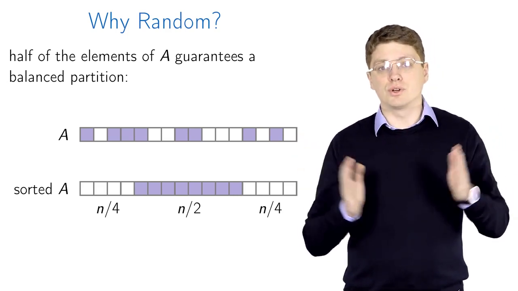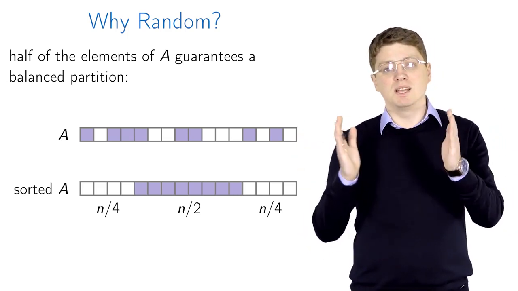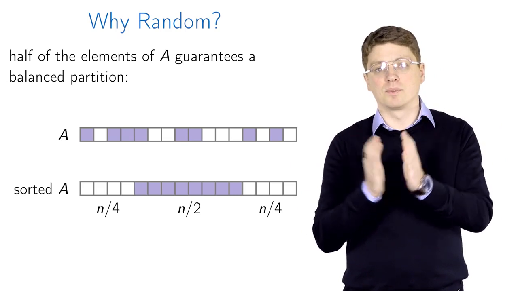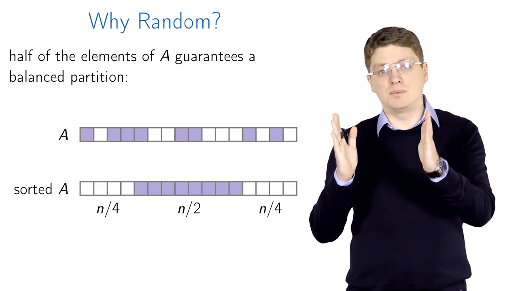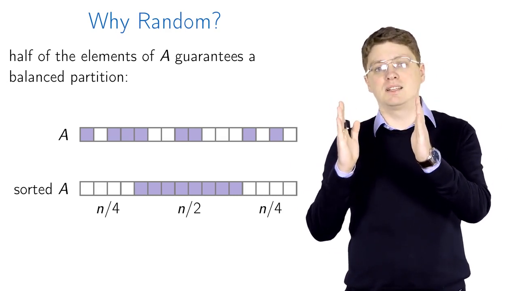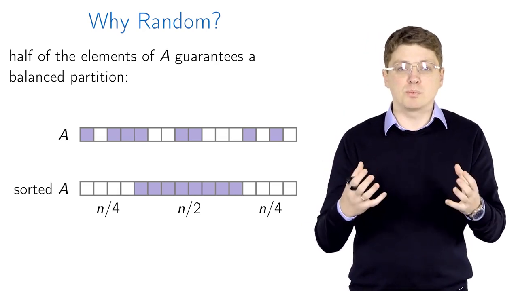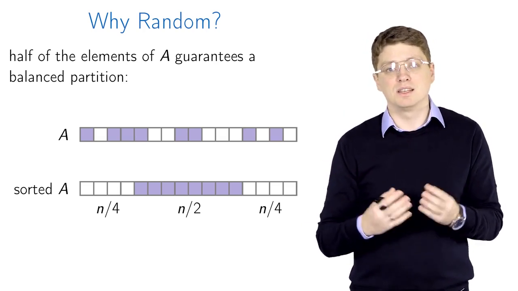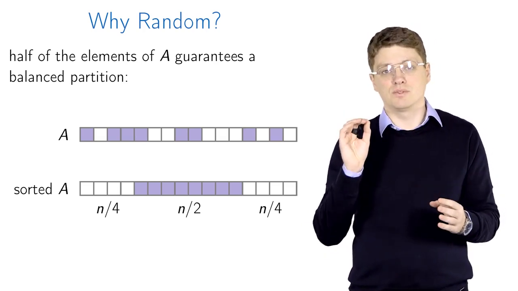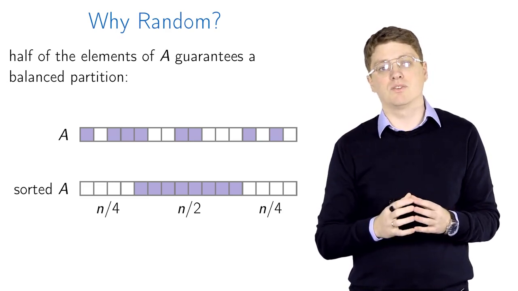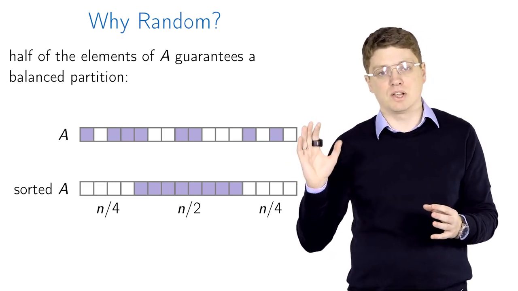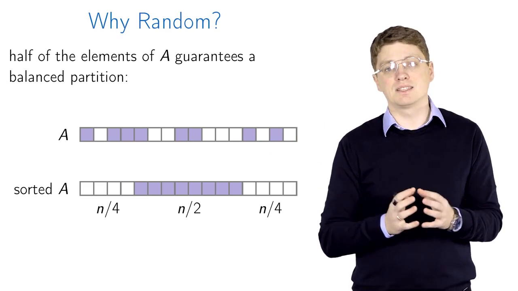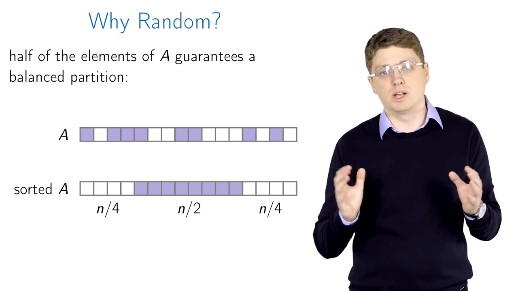In the sorted version, consider the middle half of the elements, the n over 2 elements that stay exactly in the middle. An important property of all these elements is the following. For each of these n over 2 elements, there are at least n over 4 elements that are greater than it, and at least n over 4 elements that are smaller.